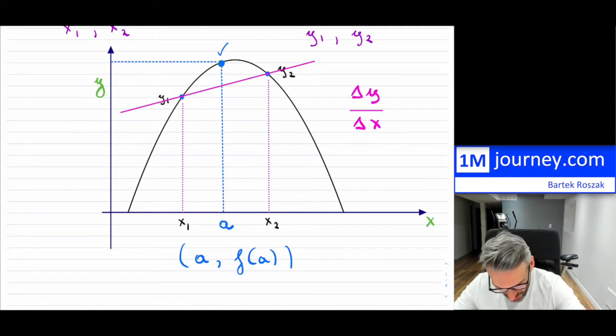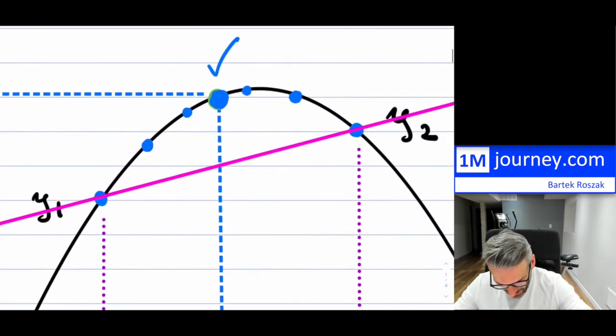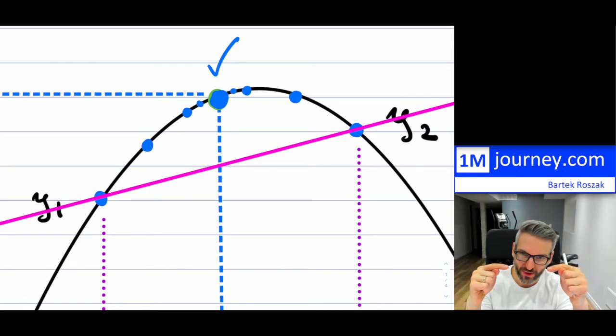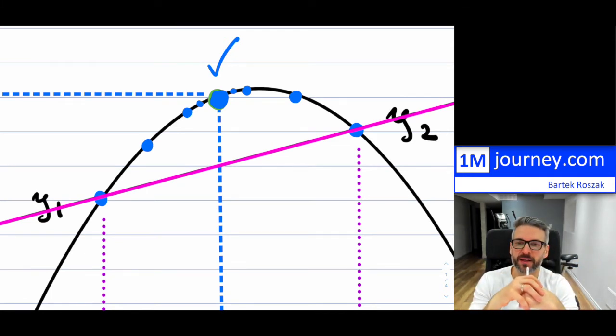I can bring these two points in here and create a new secant, and keep bringing this closer and closer, and zoom in here. If I keep bringing these points closer, eventually I can get as close as possible to that A, and if I create a secant, then I can approximate the rate of change around that A, okay?